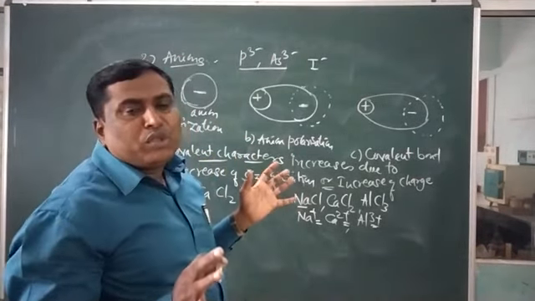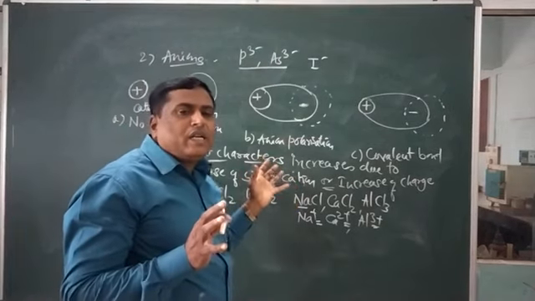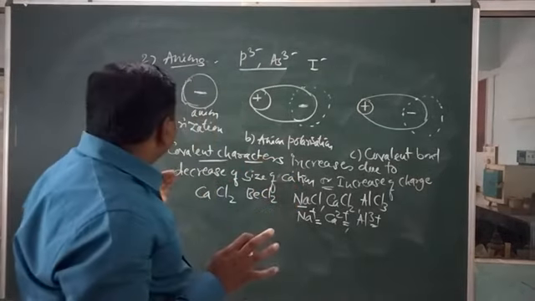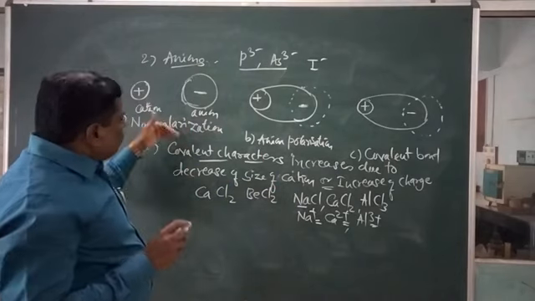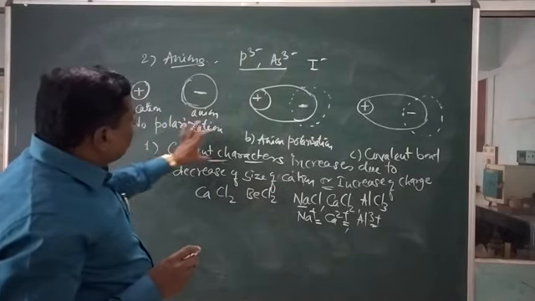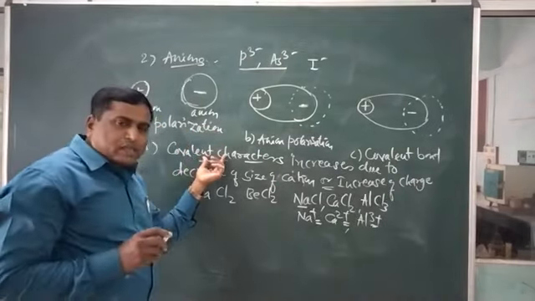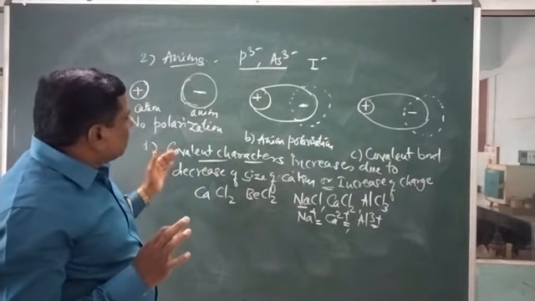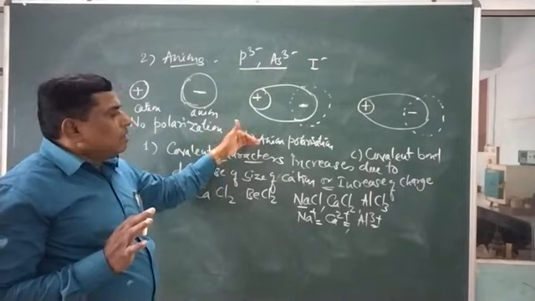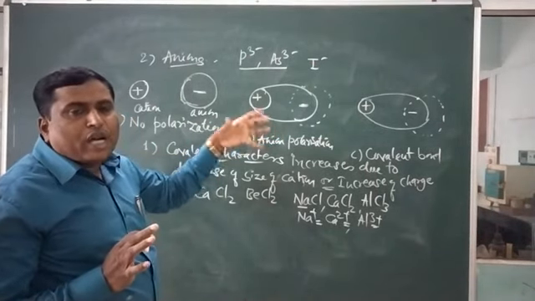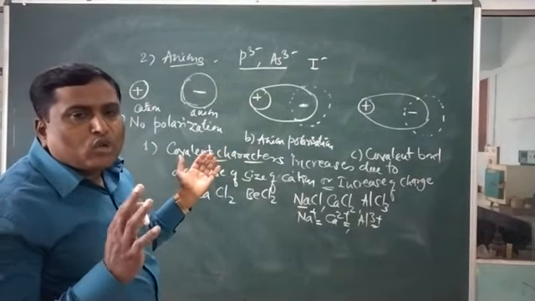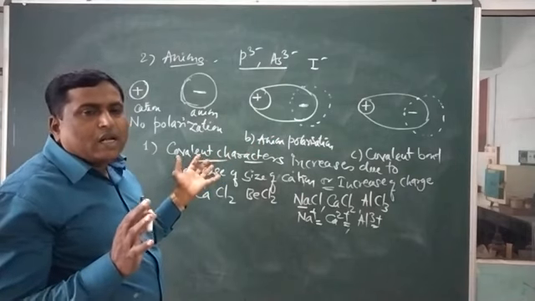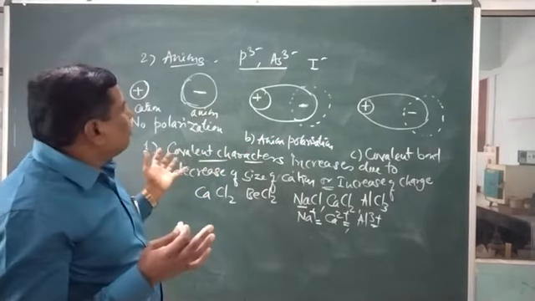The third point gives the information that non-polar character, or you can say covalent character, is also called non-polar character. Non-polar or covalent character will be higher in the case of non-noble gas configurations as compared to noble gas configurations.